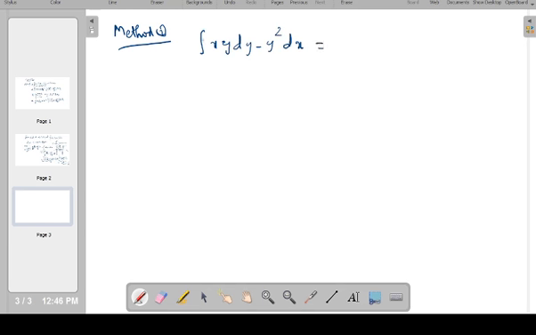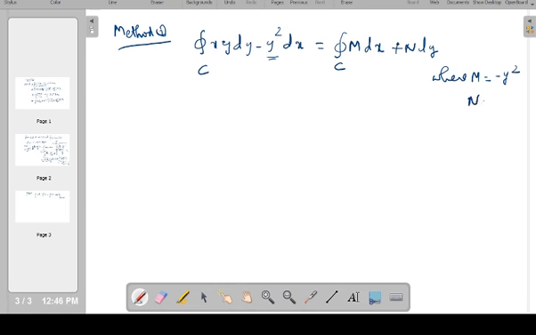So write this as the integral of M dx plus N dy. So what is M? It is minus y square, and what is N? N is xy.